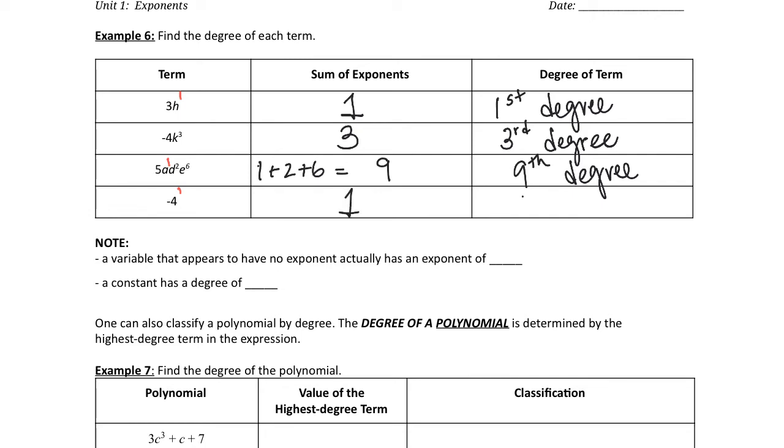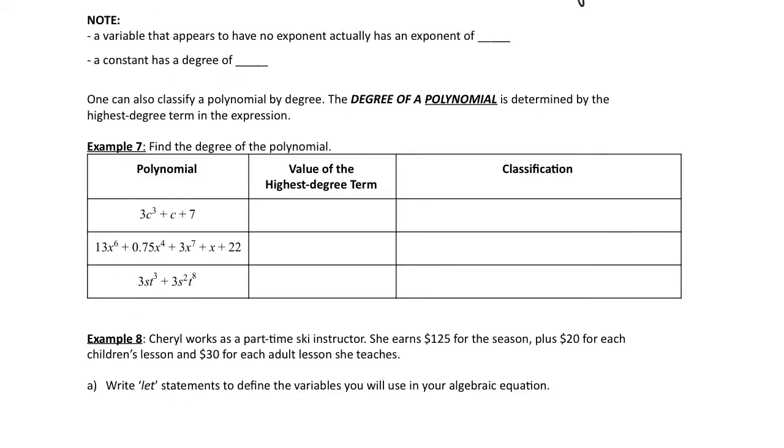And so again, this would be first degree. And just as another reminder, if you have a variable or letter that appears to have no exponent attached to it, it actually has an exponent of 1. Same thing with a constant, or just a plain number that has no letters attached to it. Even that plain number will have a degree, or an exponent, of 1.